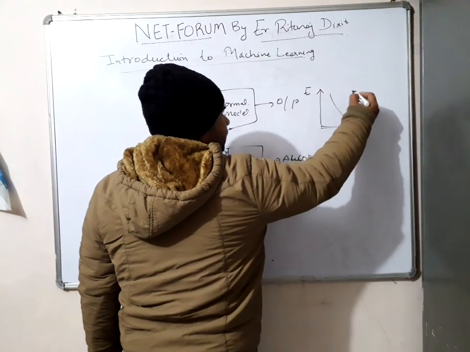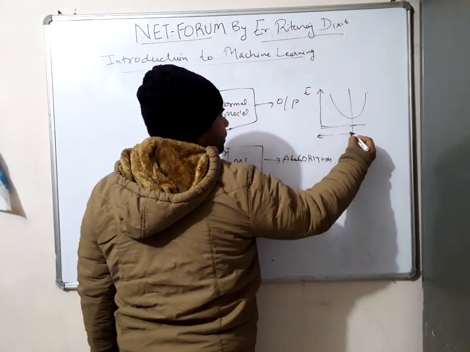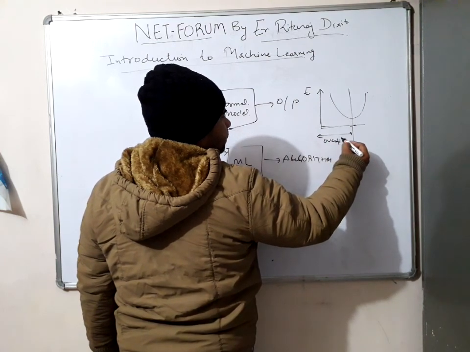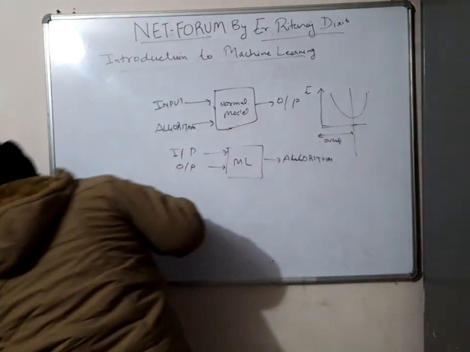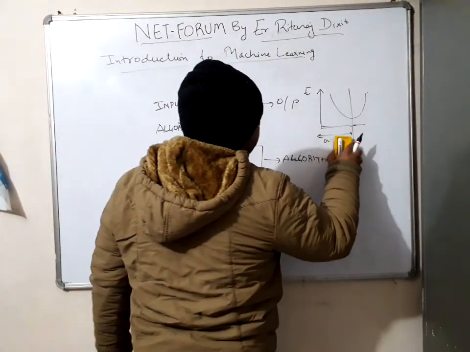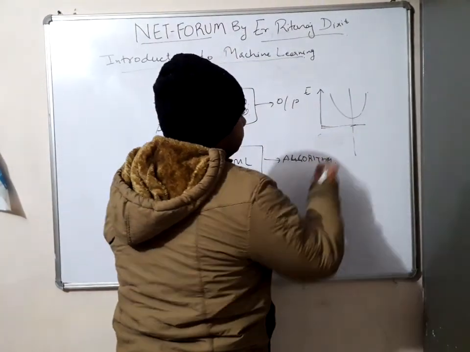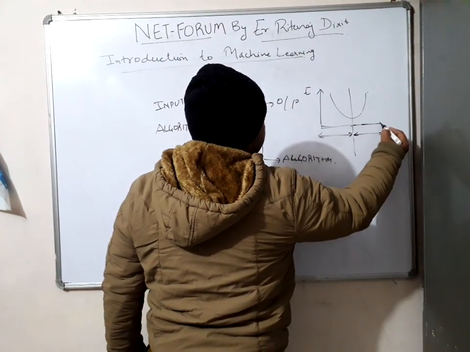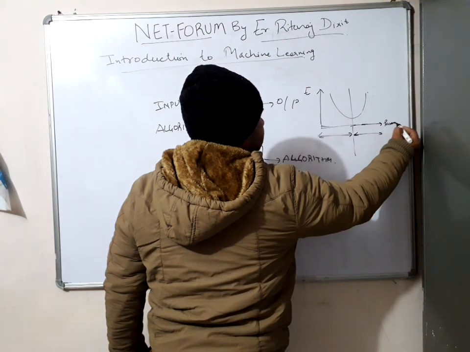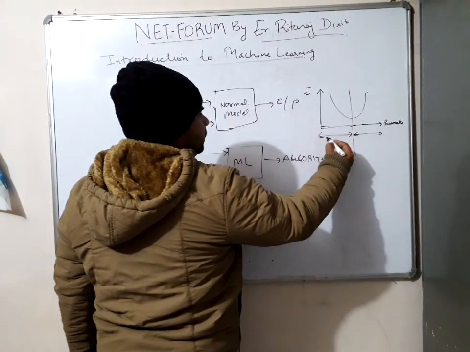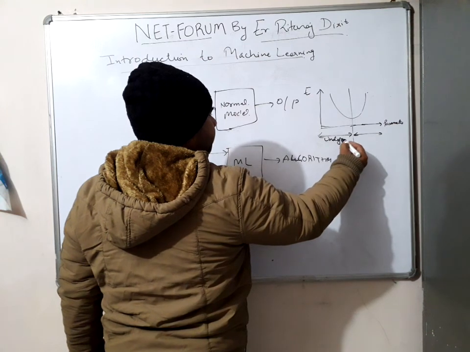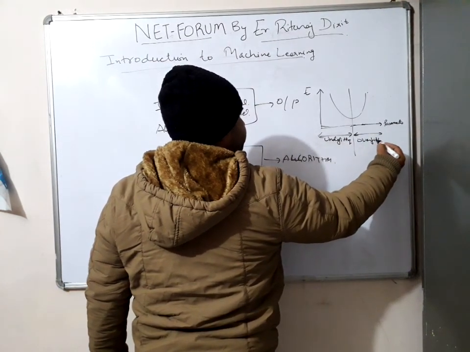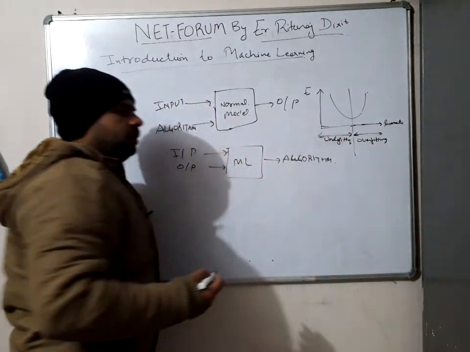This is our error. If we divide this portion into two parts, this is our underfitting zone, this is our overfitting zone, right?